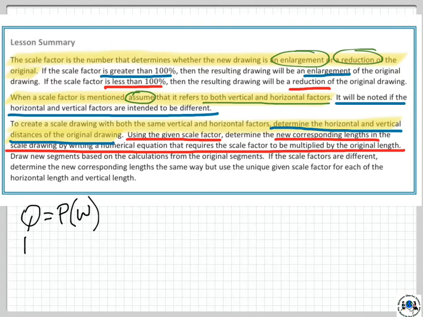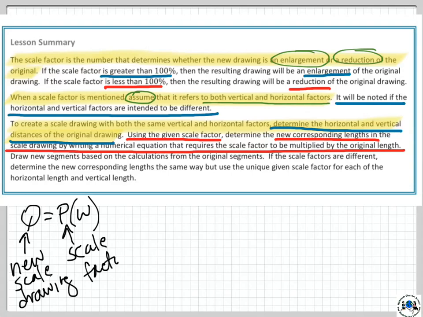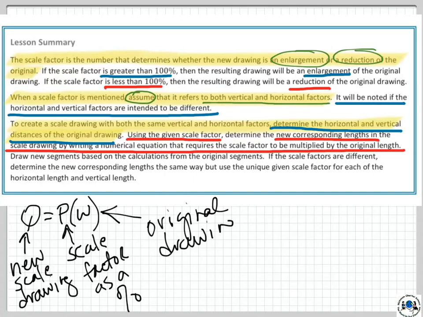Q is the new scale drawing measurement, P is the scale factor as a percent, and W is the original drawing measurement.